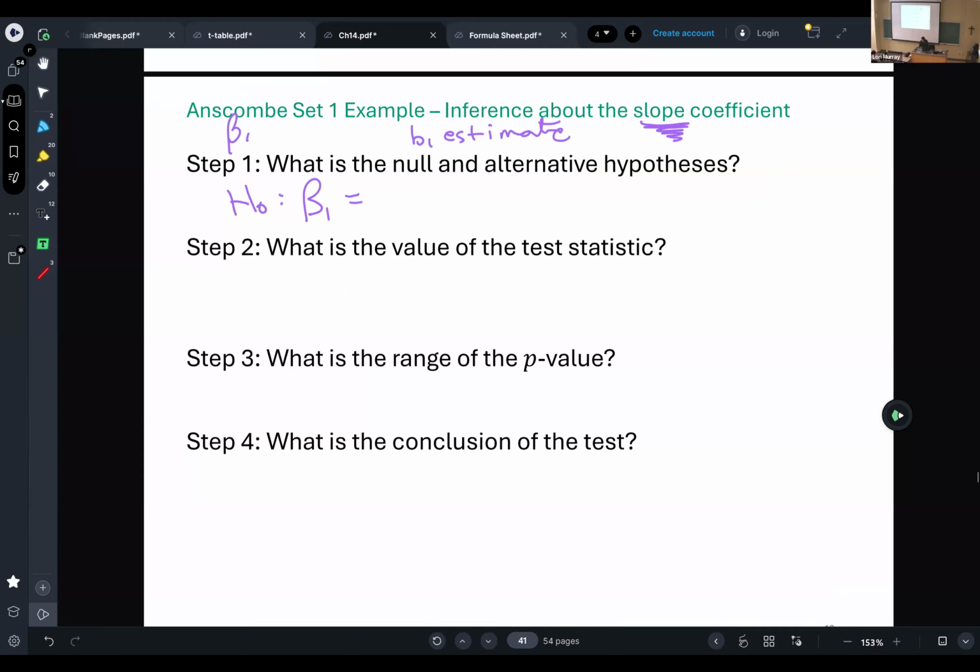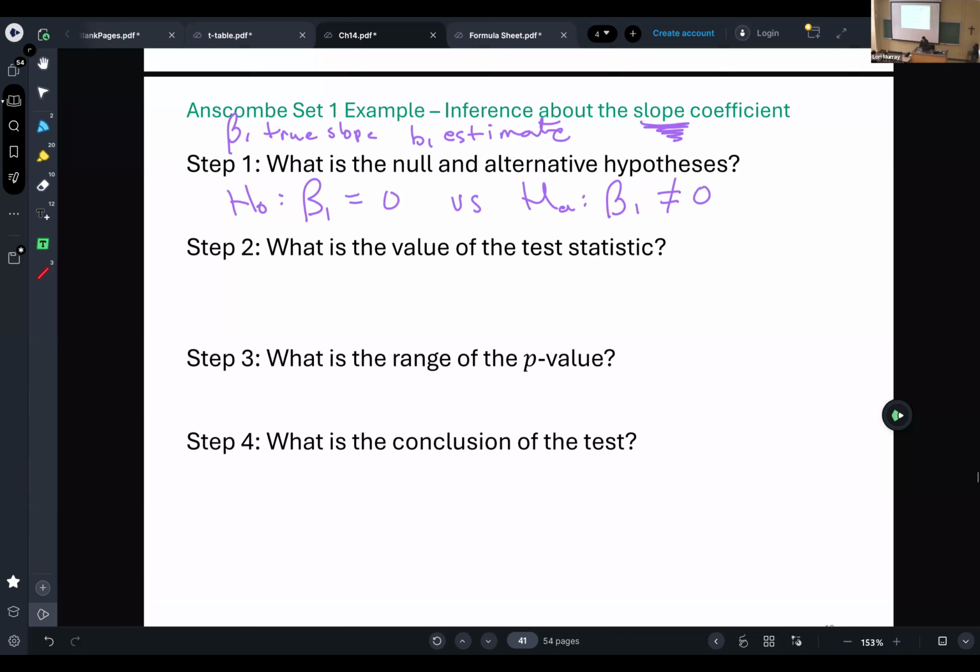Beta 1 is the true slope, and that's the estimate. Okay, so that's the difference. Versus, and we always just want to see, could it be 0 or not 0? Software programs, that's what they use. Equal to 0 versus not equal to 0, because we test and then know if it's significant, right?